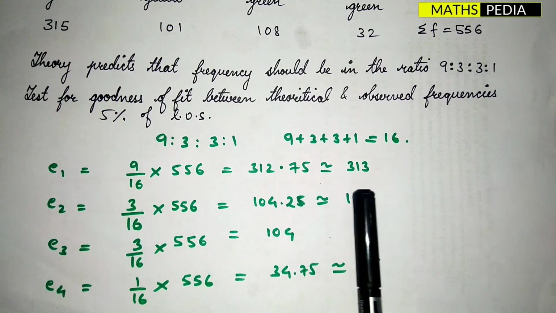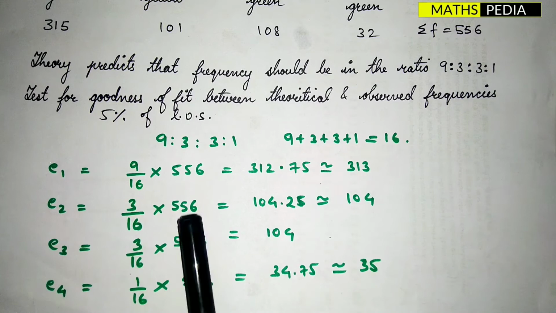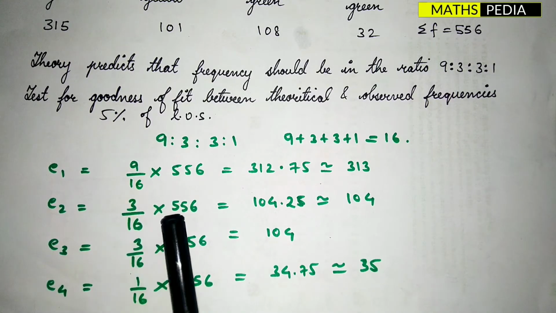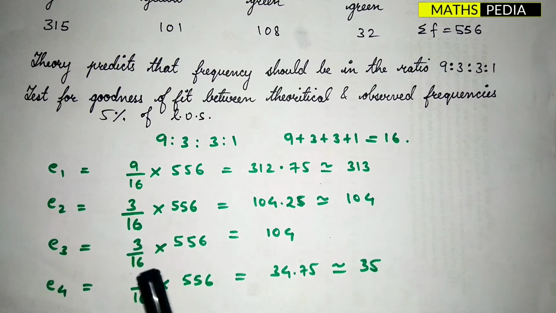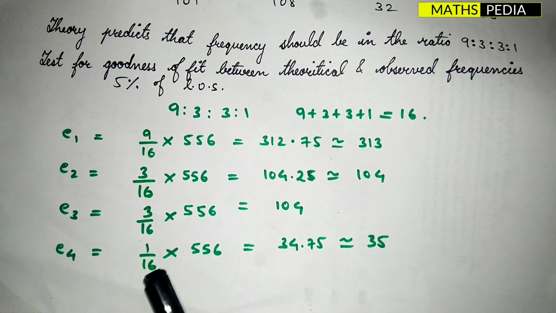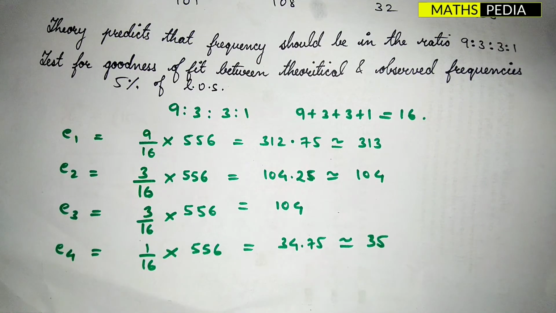That will give me the answer as 313. Just approximate this value, 313. E2 the same way, 3 by 16 into 556, which is 104. E3, 3 by 16, the same thing, 104. E4, 1 by 16 into 556, which will give me the answer as 35.